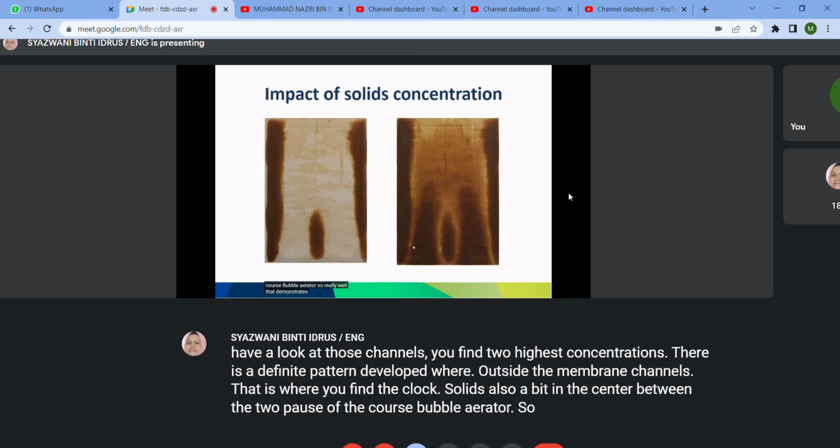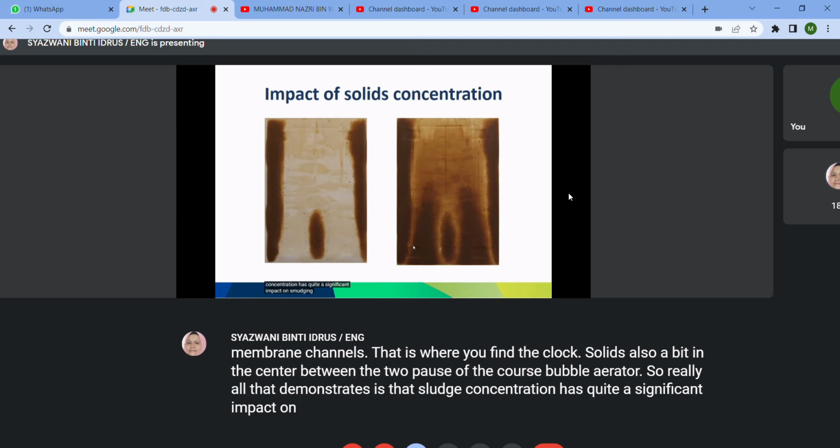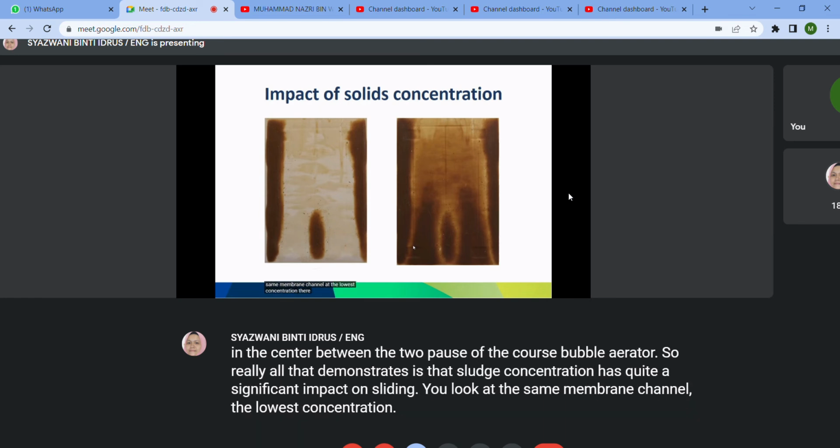So really what that demonstrates is that sludge concentration has quite a significant impact on sludging. If you just look at the same membrane channel at the lowest concentration, there wouldn't be any sign of any sludging at all. And that's basically it.